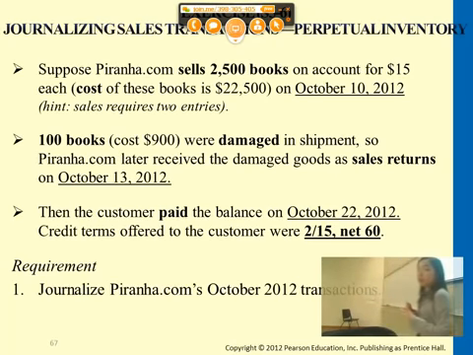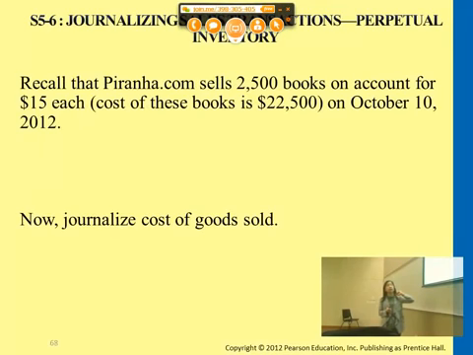Here it tells you that the amount of goods sold is 2,500 books, and for each and every book the worth is $15, the retail price that you're getting from the customer. So for the total sales price, you just multiply those two amounts together. That will be sales revenue. For the cost, it tells you directly, altogether the inventory cost amount is $22,500. Okay, so the first entry will look like this.